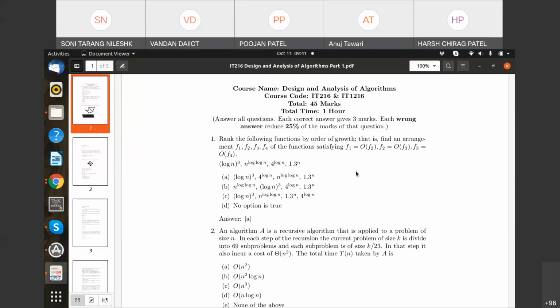Obviously, for smaller values, some of these functions might be inferior, but the notion of asymptotic complexity is that for n larger than this value, these functions dominate each other. Okay, so you all are computer scientists, so you should always think in terms of asymptotics.